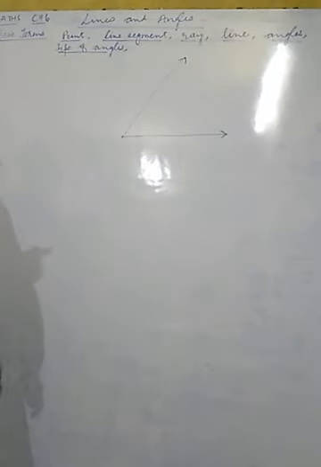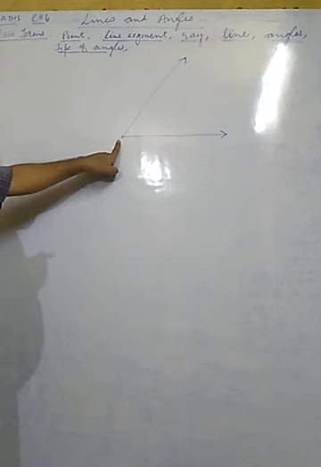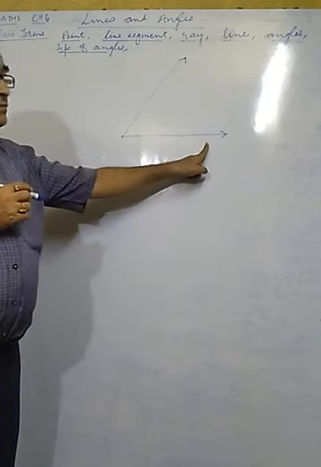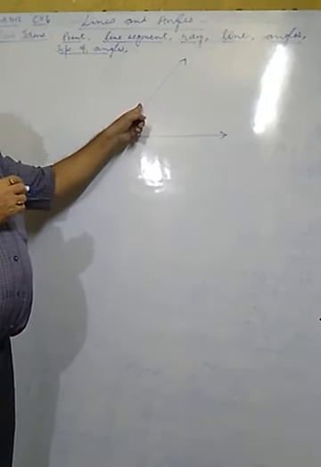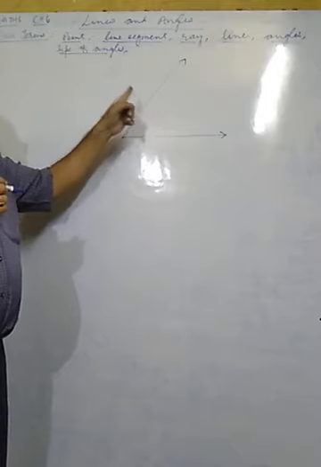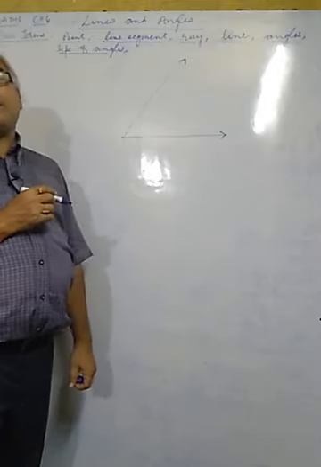Now both the rays are originated from the same initial point. So this ray is one arm of the angle, and this ray is the second arm of the angle. How many arms of an angle are there? So there are two arms of an angle.